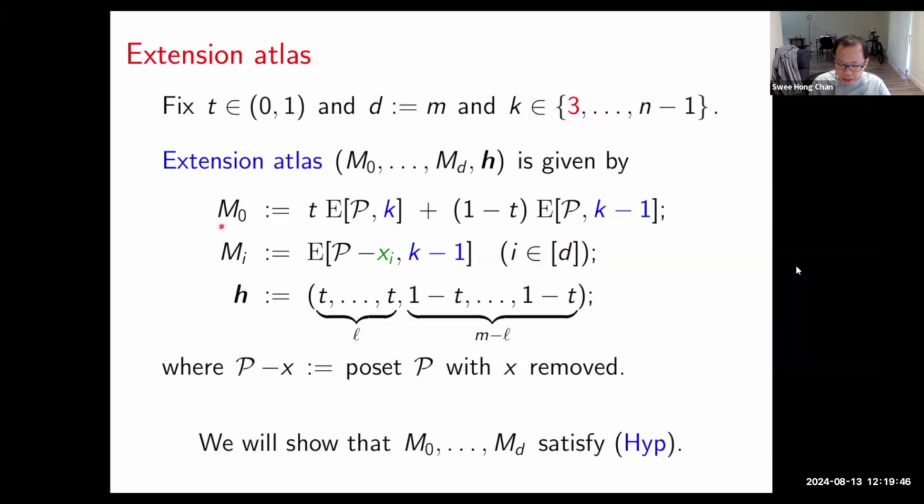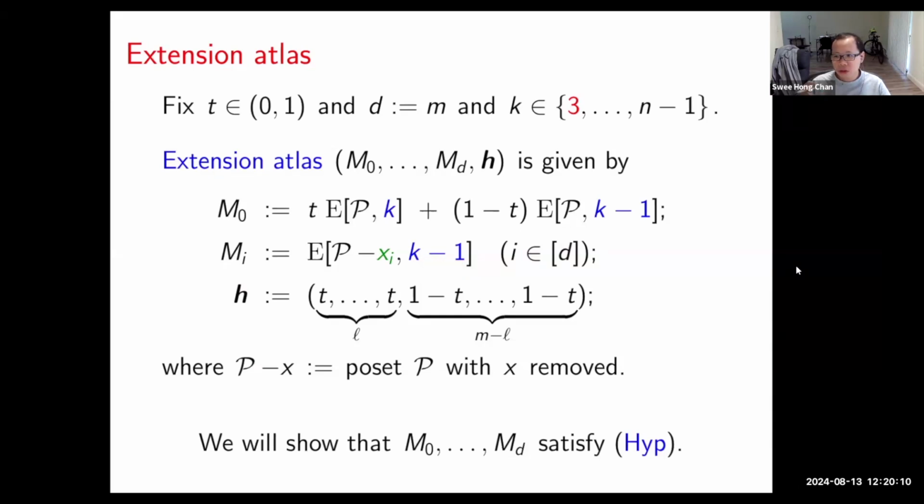Now you first define M0 to be the interpolation between EPk and EPk minus 1. And Mi, the children, will correspond to the poset where you delete one of the elements and reduce the value of k to k minus 1.